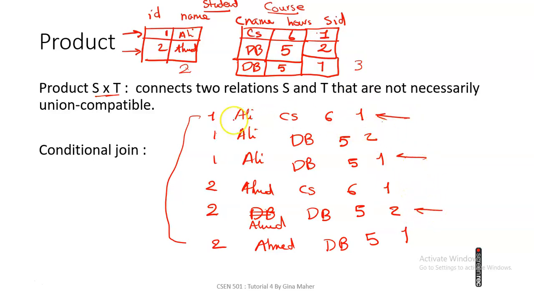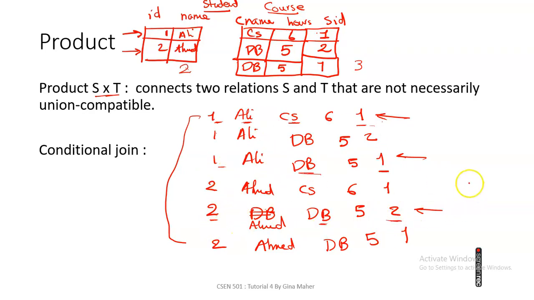In this case, we know that Ali is enrolled to course CS because the ID here is equal to here. And Ali is enrolled to course DB because the ID here is equal to here. And here, Ahmed is enrolled to DB because the ID here is equal to here.